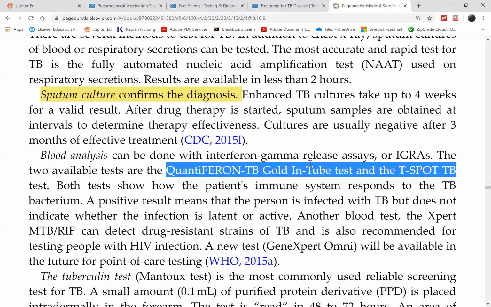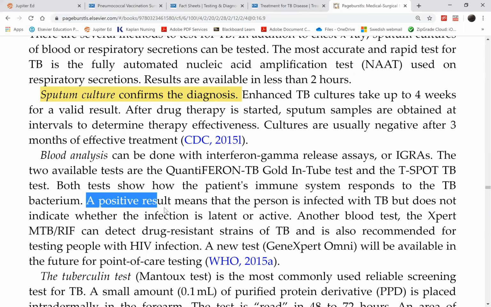All these tests just say that you've been exposed to the TB bacillus, not whether you have active disease or latent disease. Are we clear? Yes. Okay.